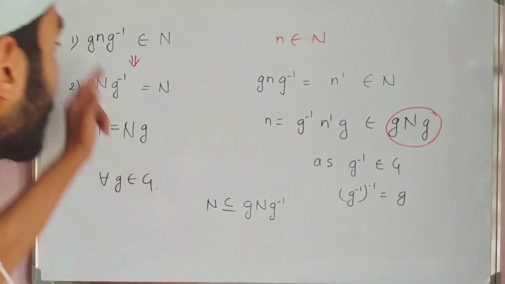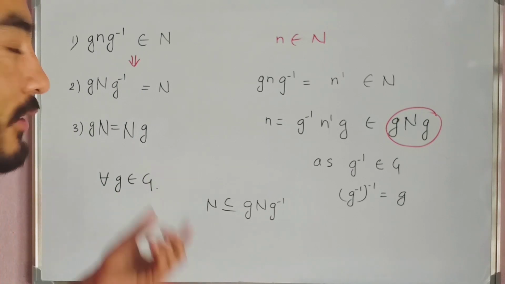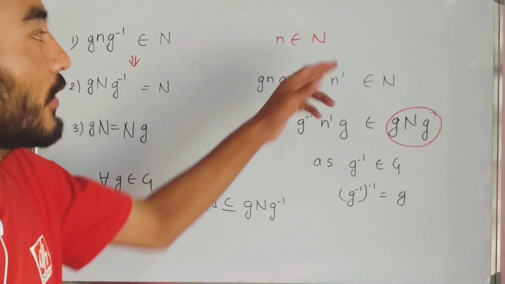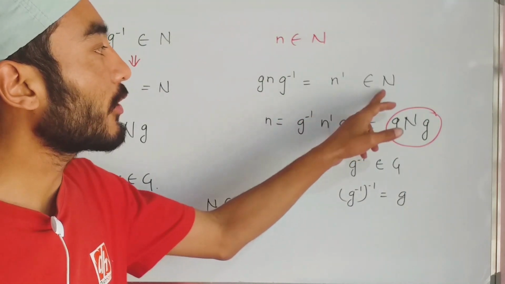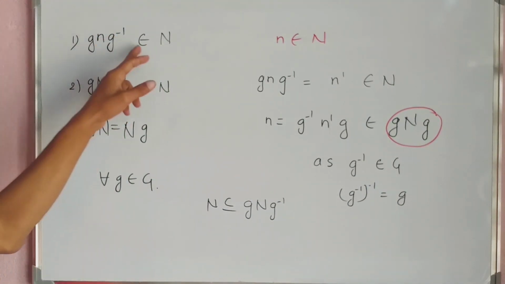Next we show first implies second. We have to show these two sets are equal. So we show that these two sets are subsets of each other. For that, suppose n belongs to N. Then we have gng^-1 = n' belonging to N, because this is given to us.